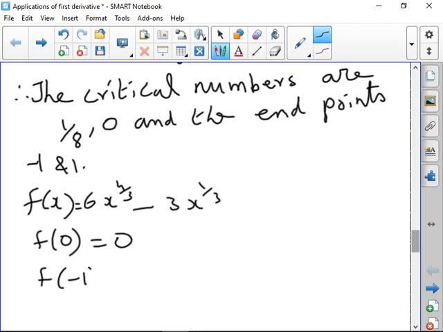F of minus 1, what will you get? 6 into minus 1 the whole power 4. So that is just 1. Minus 3 into cube root of 1, it is. x power 1 by 3 means cube root.